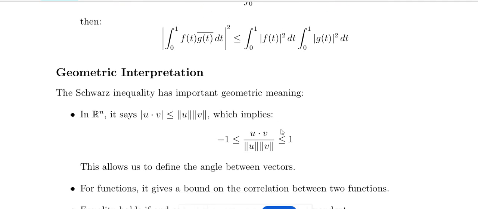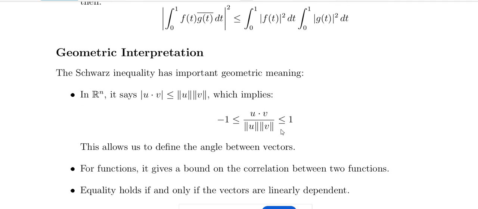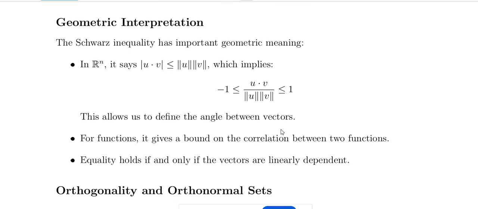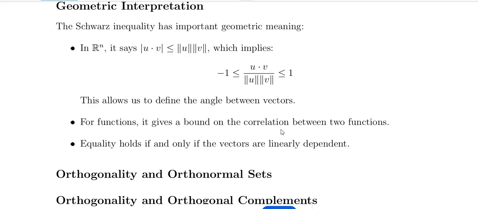The Schwarz inequality has important geometric meaning. In R power n, the Schwarz inequality implies that for u dot v, mod of a lies between minus x less than or equal to a less than or equal to plus x.